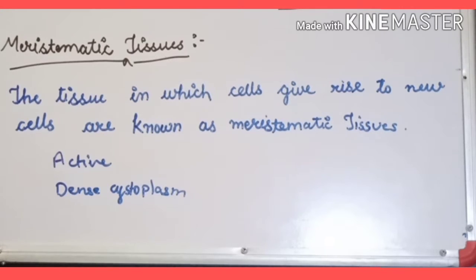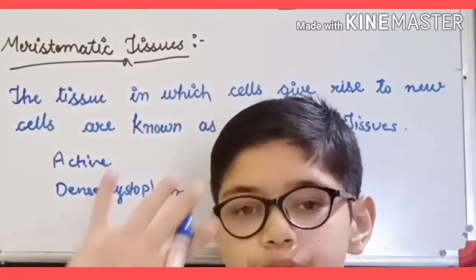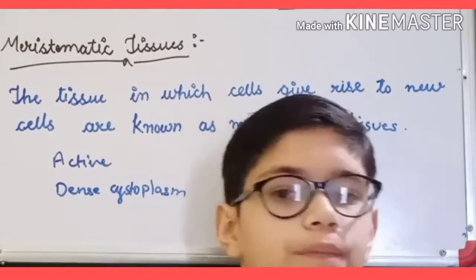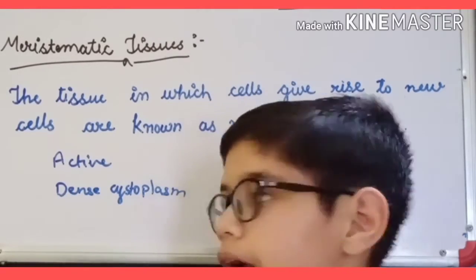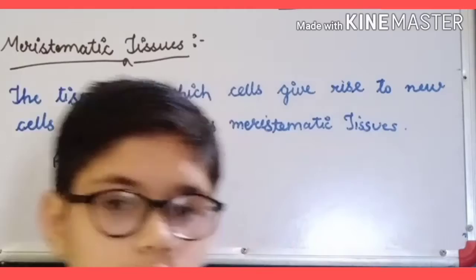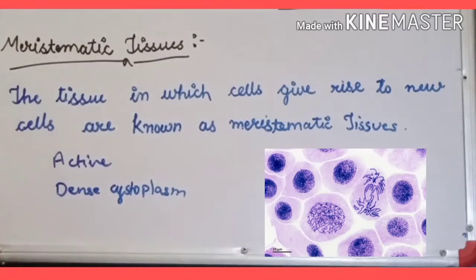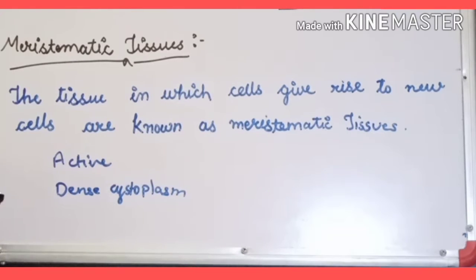And this is the image that you can see. This is the prominent nuclei, and then the cytoplasm. In this image, you are visualizing a cell continuously giving rise to a new cell.